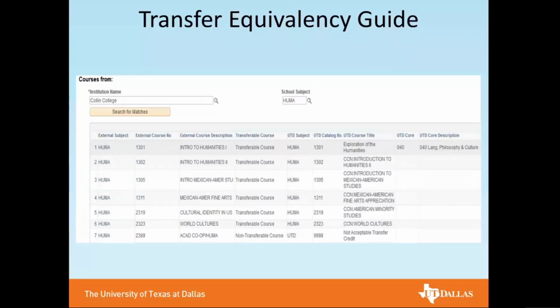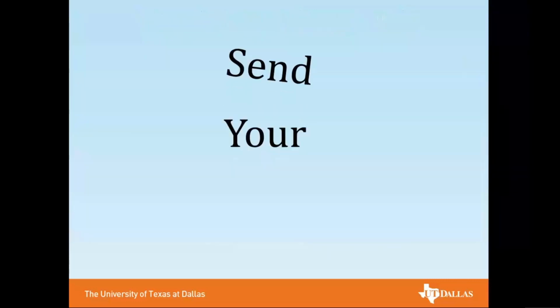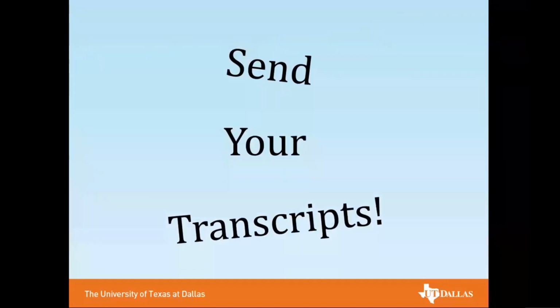You can find the transfer guide in Orion under UTD Transfer Equivalent System. This guide allows you to look up courses at other schools to confirm that they transfer to UTD. And then again, please remember to send your transcripts as you complete your coursework. This will allow us to keep an accurate account of all the courses you've completed so far.